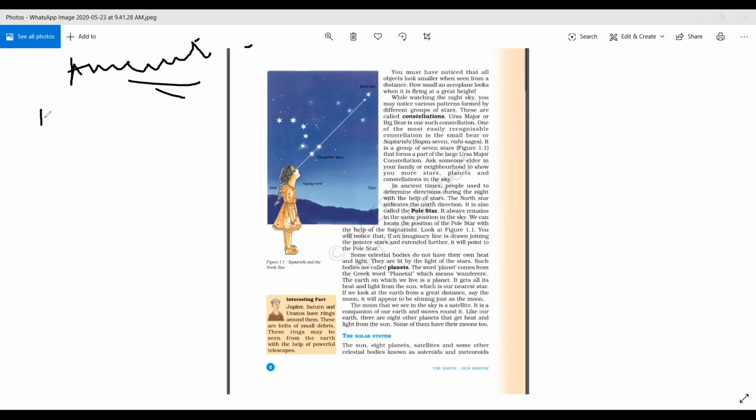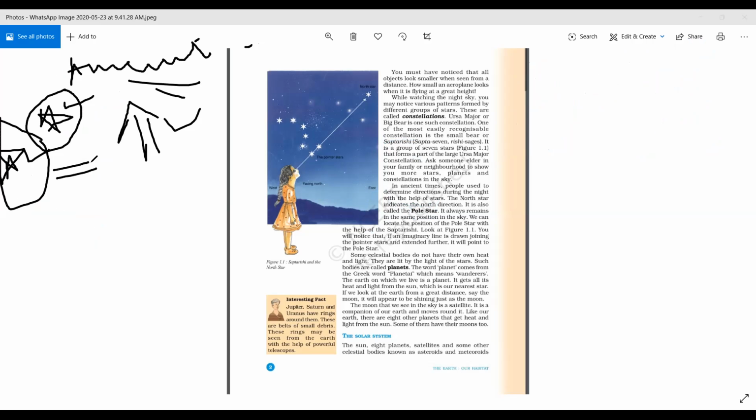They used to indicate their positions, where to go, with the help of the stars. If they had a star facing towards the north direction, then they would imagine that we have to go towards the north direction. If they would find a star facing the east direction, then they would decide that we have to go to the east direction.